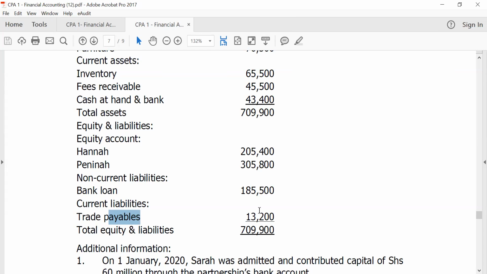When it comes to how it is shared amongst the partners, it will still be based on the profit sharing ratio. We shall still use the same basis of how to share.